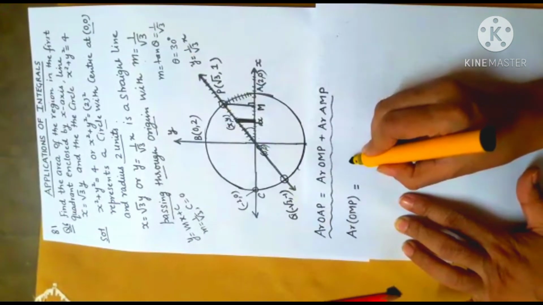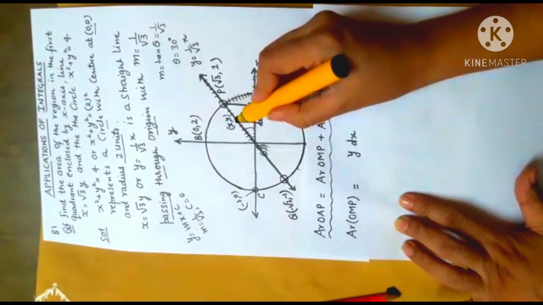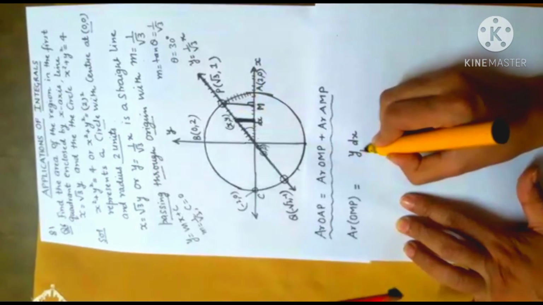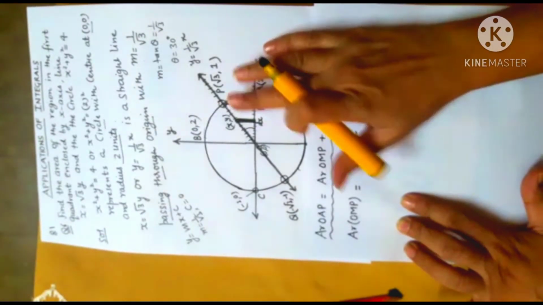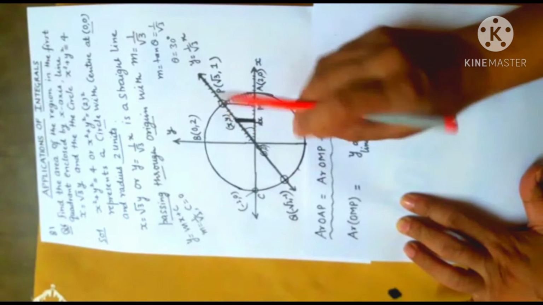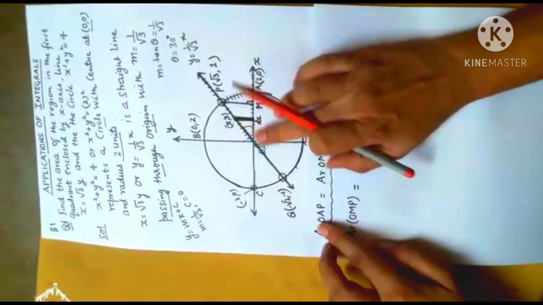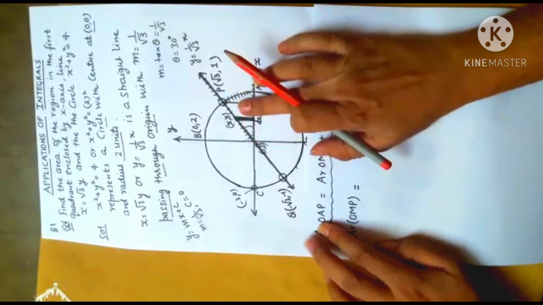So area of the strip will be y dx. And this point lies on the line, so here we are to follow y of line. Now, in order to find out the area of this region, the strip will move from 0 to m. It has to cover this area.